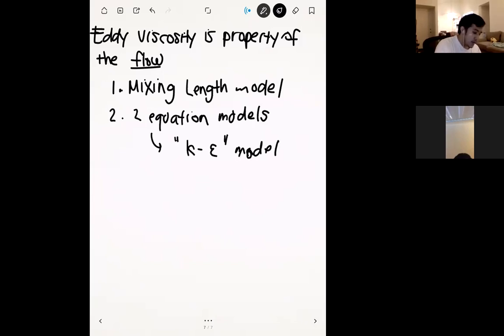In the K epsilon model, what you're basically doing is solving two additional differential equations. One of them for K, where K is the turbulent kinetic energy. And then epsilon here is our dissipation rate.